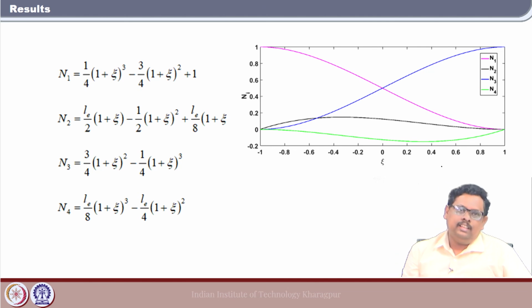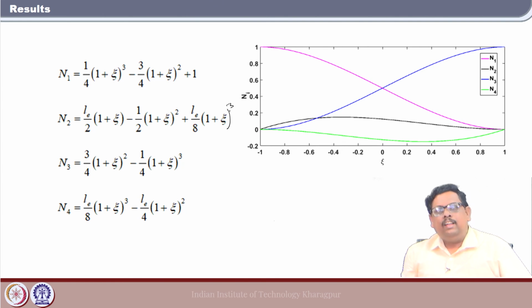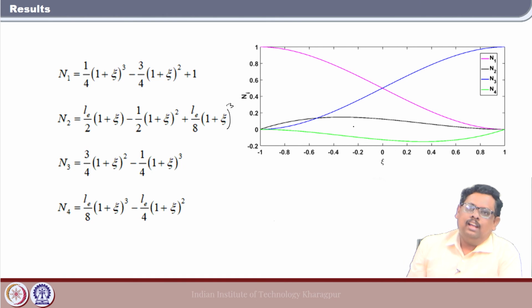So here it is written in xi form, but anyway, this bracket is missing over here. Now if you do this, you get the solution n 1, n 2, n 3 and n 4. This is how the shape function looks.